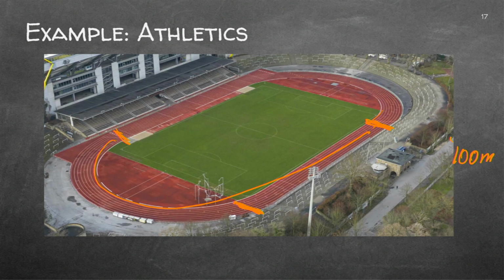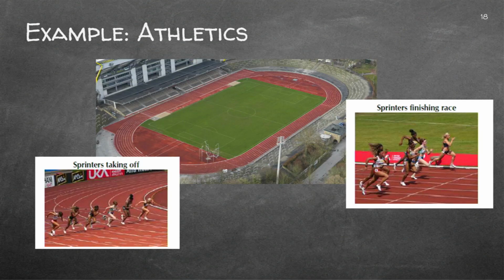And when they run the 400, they'll start there and run around, and we can say the area of this athletic field which they'll cover will then actually be 400 meters. Okay, so let's go and see what we can calculate.